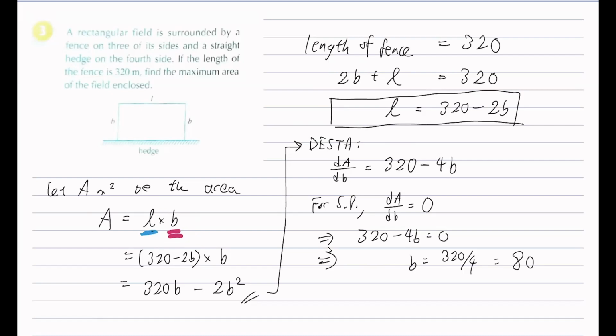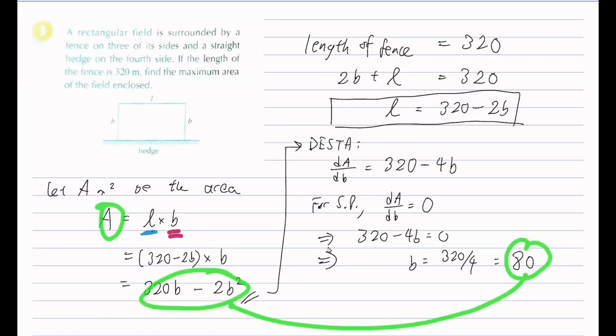So the area formula is over here. We got B is 80. What do you want to do? Do you want to solve for L or solve for A? You've got two formulas involving B. Which one do you sub into, one or two?